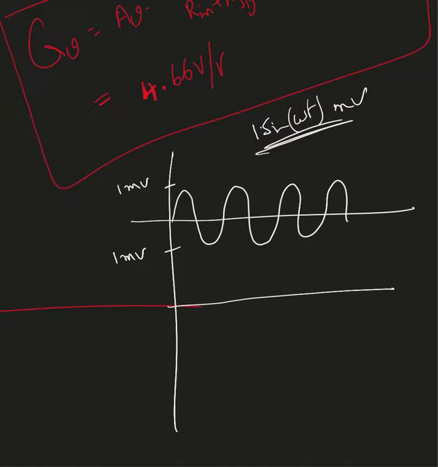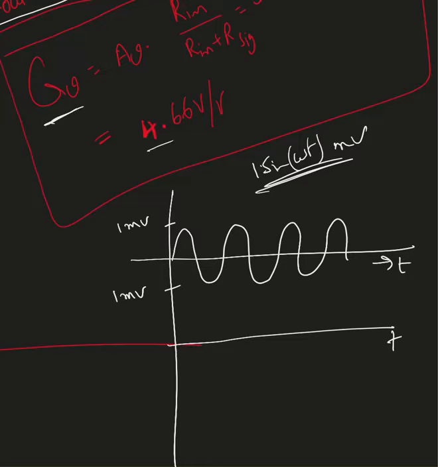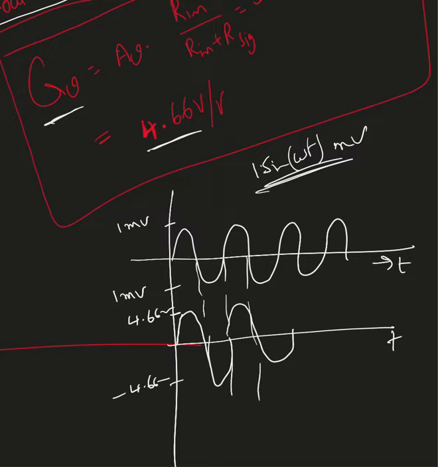Now my output, according to GV, the overall gain, is only 4.66 volt per volt, and it's positive, so it's going to be on the same side. I mean, it's not inverted. So here it's 4.66 millivolt, here negative 4.66 millivolt. That is my output signal.